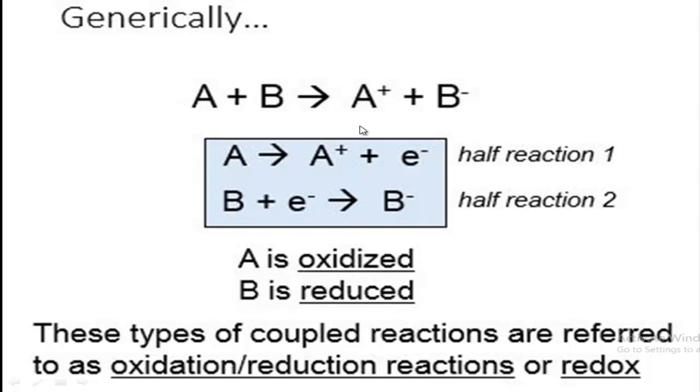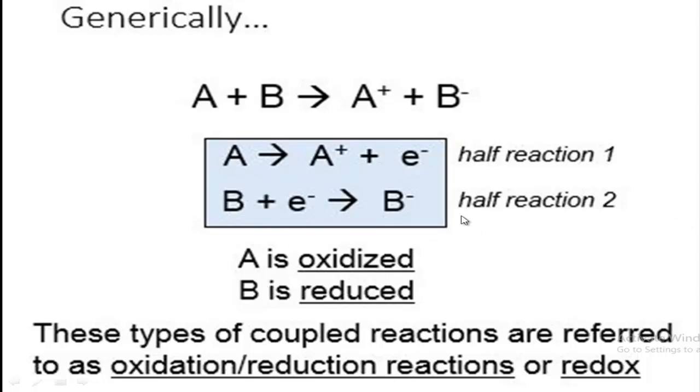But it is very clear that in a redox reaction there are actually two parts: the oxidation reaction and the reduction reaction. So one part or half reaction is the oxidation reaction and the other half reaction is the reduction reaction.